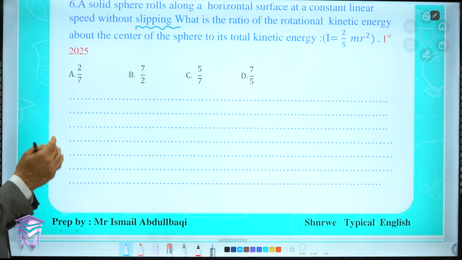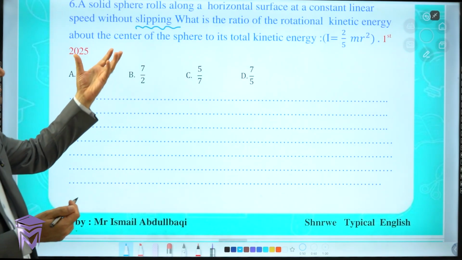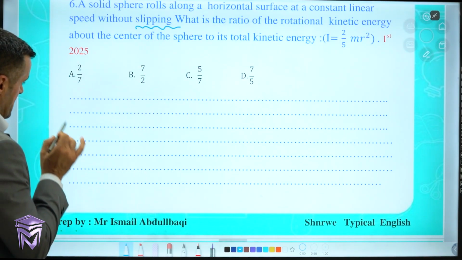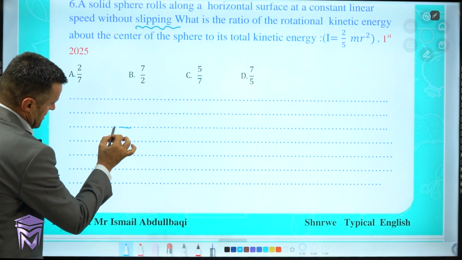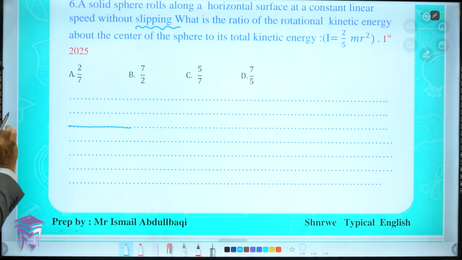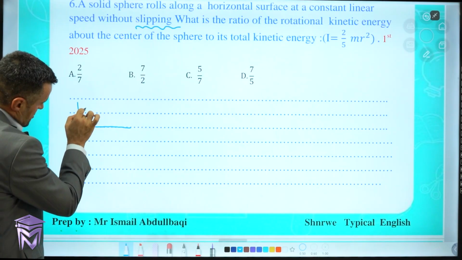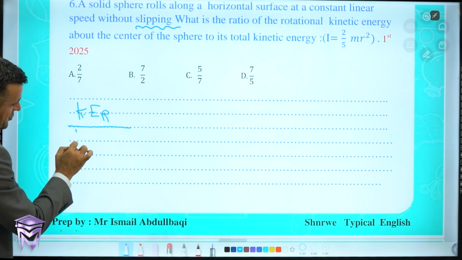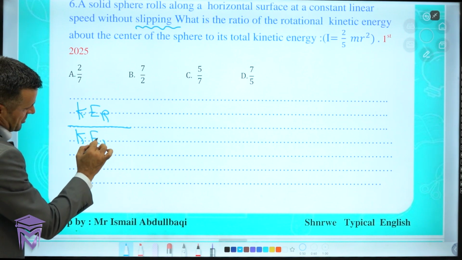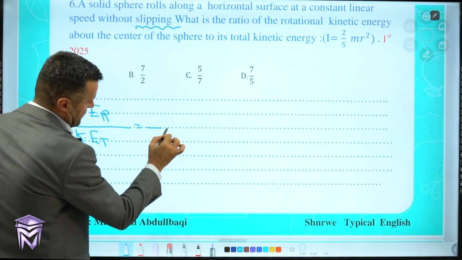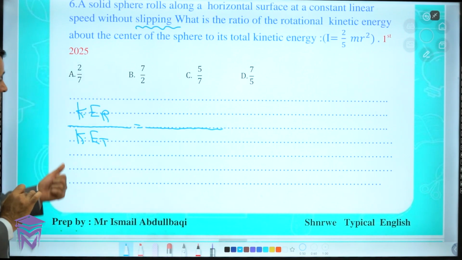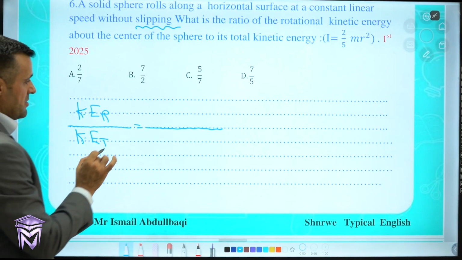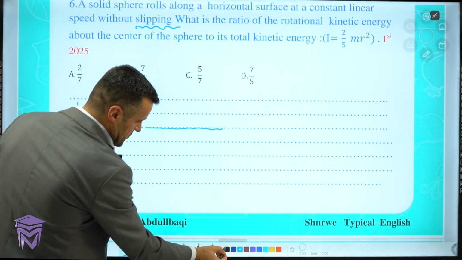Our object is a solid sphere. The ratio is very important: the rotational kinetic energy to the total kinetic energy.